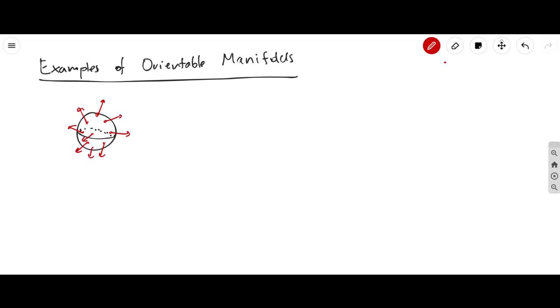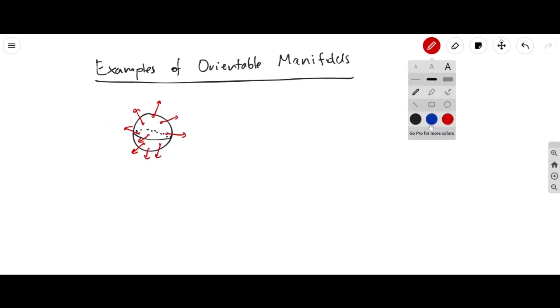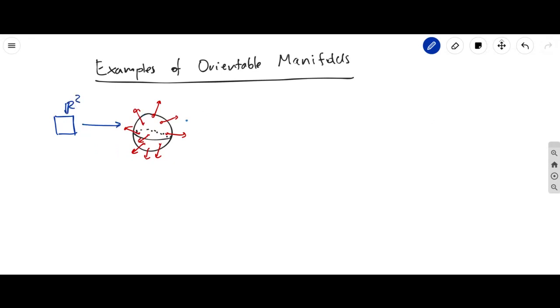And what that means is that the normal consistently points in the same direction. So anytime you map a chart to the sphere, let's say this is a chart, and I want to map this to a sphere, you just map the chart to the sphere and you get a portion of the sphere.